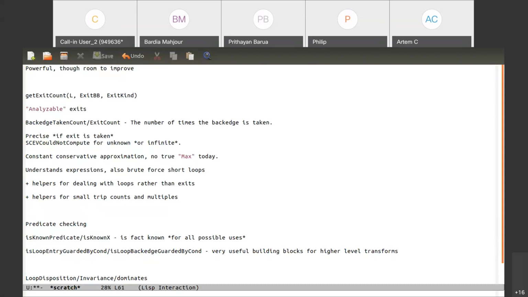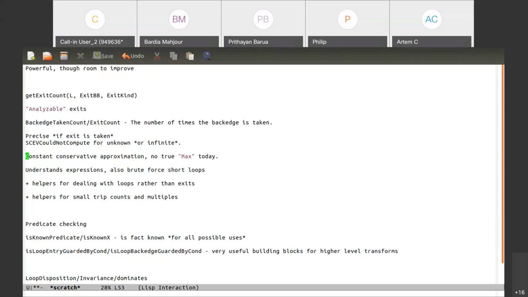I have a question on the conservative approximation of exit counts for exits that end up not being taken. Before, you said that SCEV is only precise or able to tell you what the exit count of an exit is if that exit is taken. So if the exit is not taken, you say that it should be larger than any other count for every exit that is taken, or infinite.